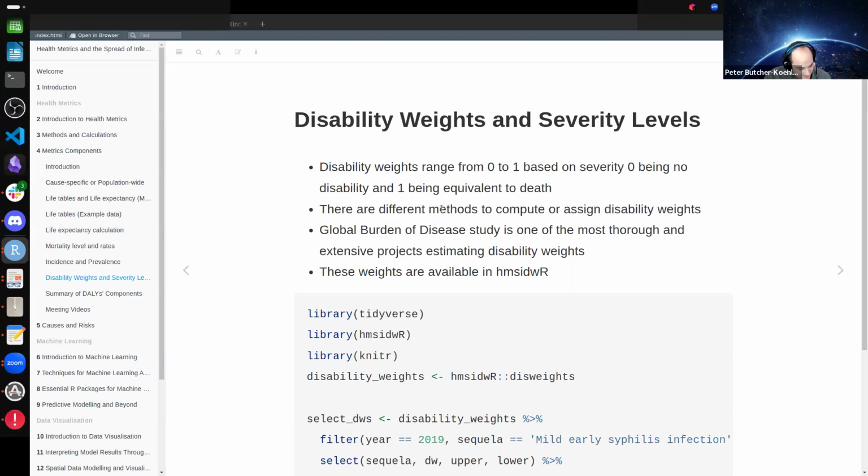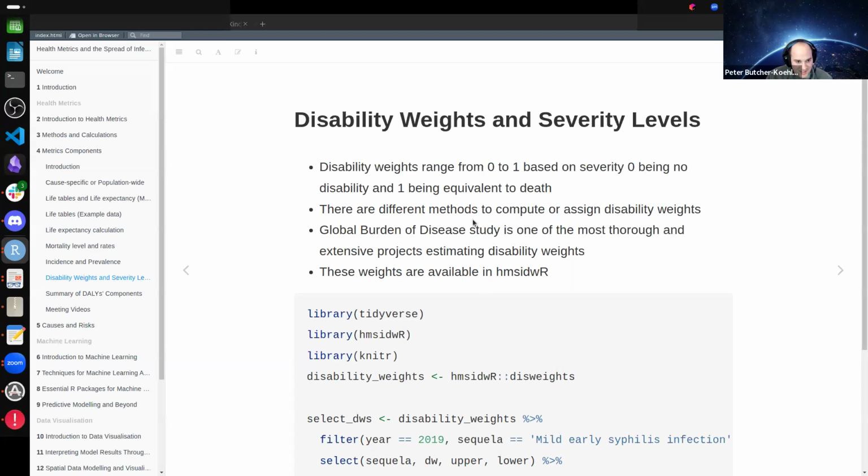We've already covered disability rates a bit in the previous chapter, but to remind us, 1 is equivalent to death, and 0 is no disability.